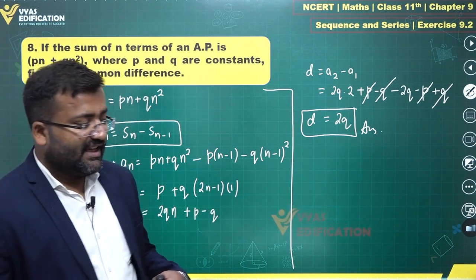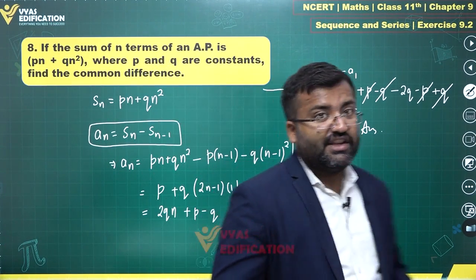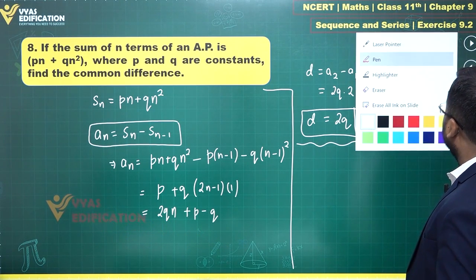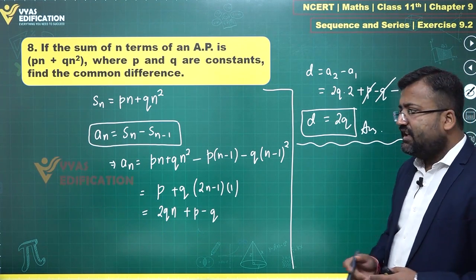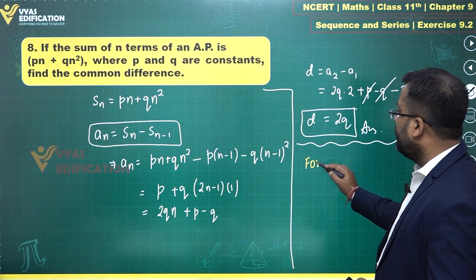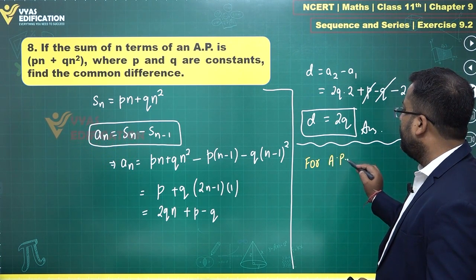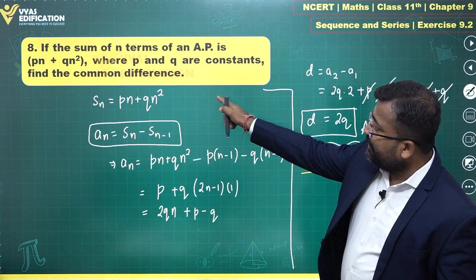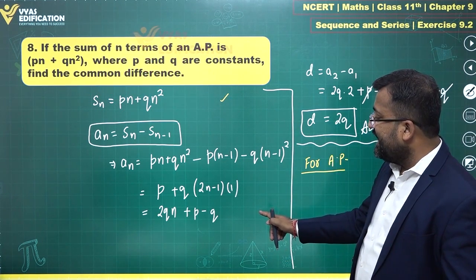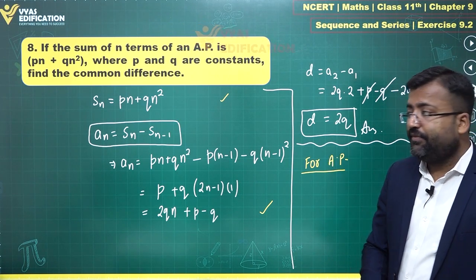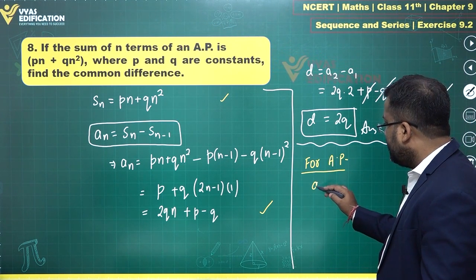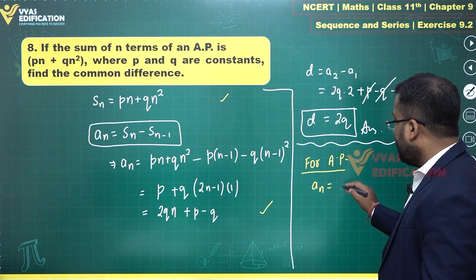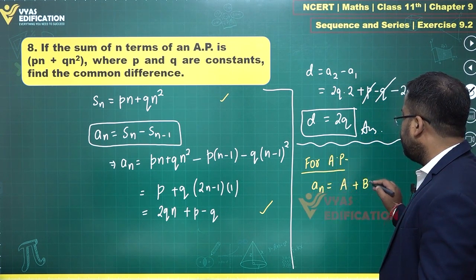But one important thing to discuss over here is this. Please observe. What do we want to observe? That for AP, the sum of n terms will always be of this form. The general term will always be of this form. For an AP, the general term An will always be of the form something A plus B times n.